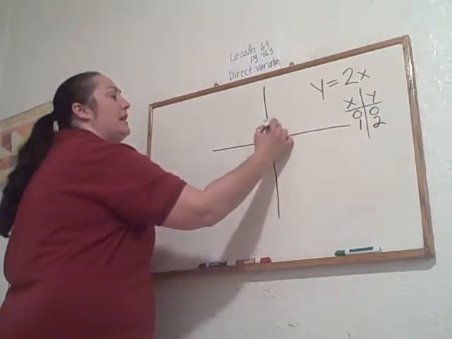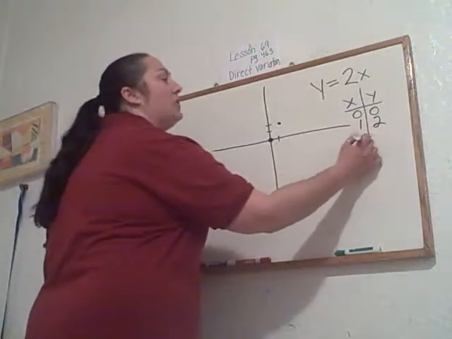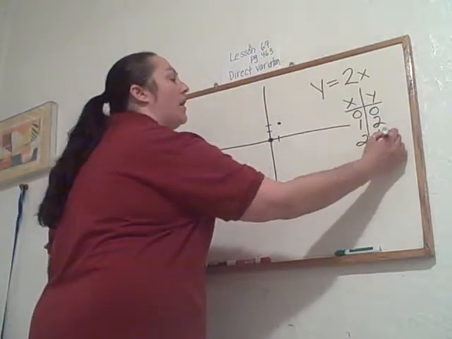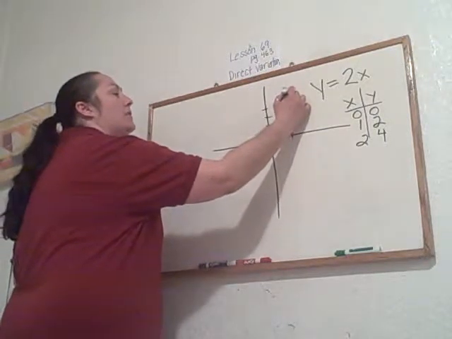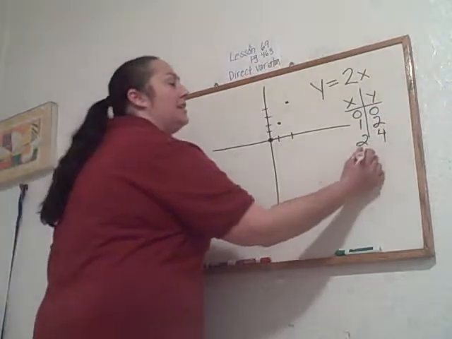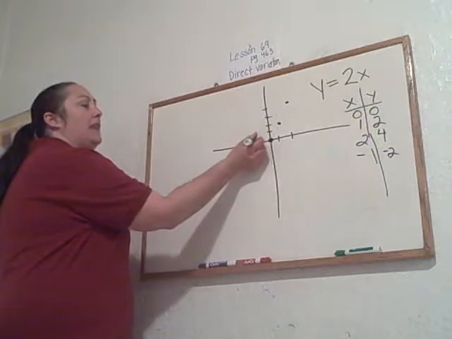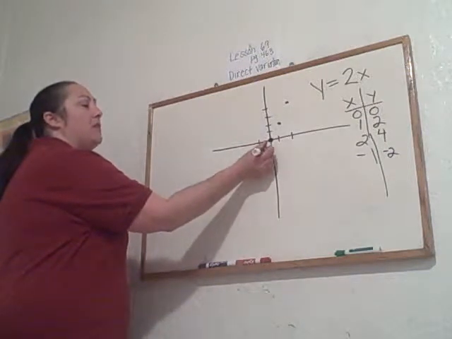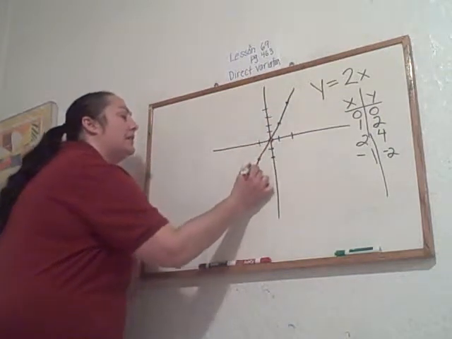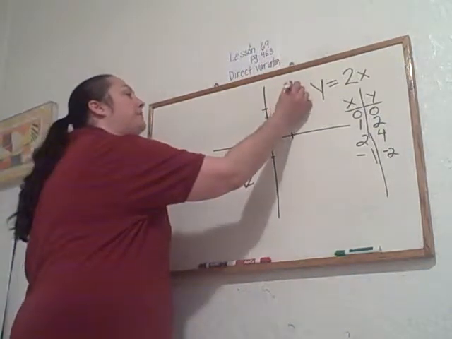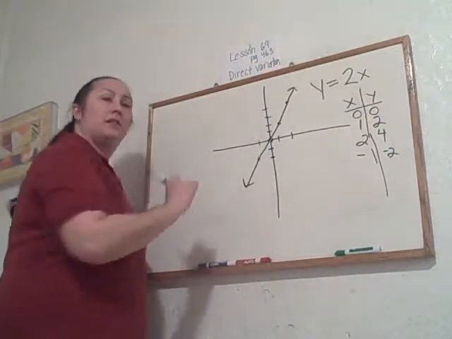Go over 1 and up 2 and put another point. If x is 2, y is equal to 4, and there's a point that represents that. If x is negative 1, y is negative 2. So over in the negative, 1, and then down 2. And notice how the points connect to make a line. Your direct variation will always go through the origin.